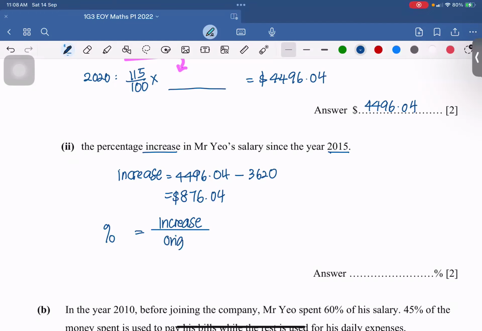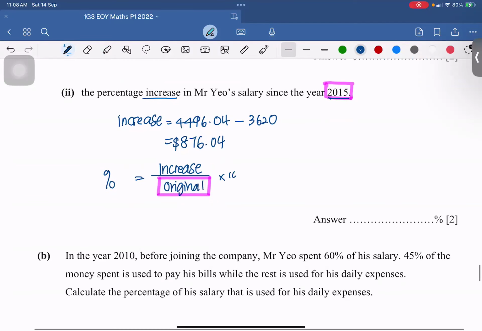Now, when you want to find percentage increase, it is the increase over the original value that you compared to, or sometimes they say as a percentage of which year's value. So since they want from 2015, you need to take this increase out of the number in 2015, which is 3,620.